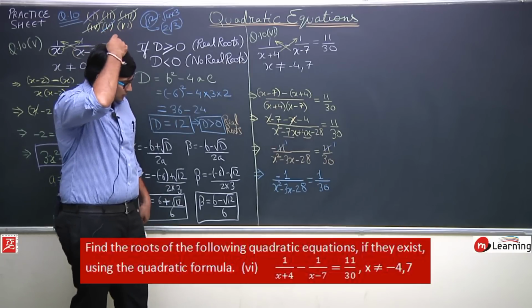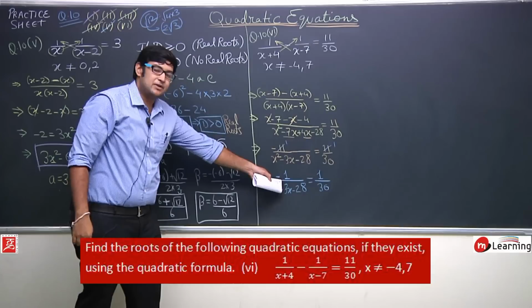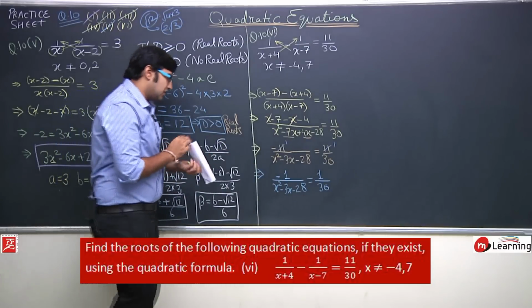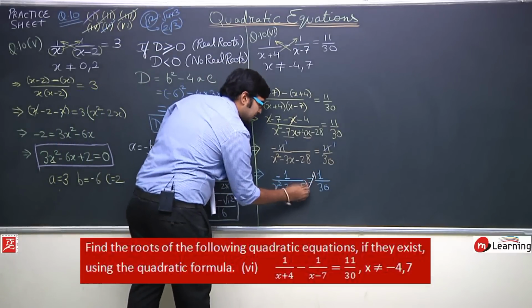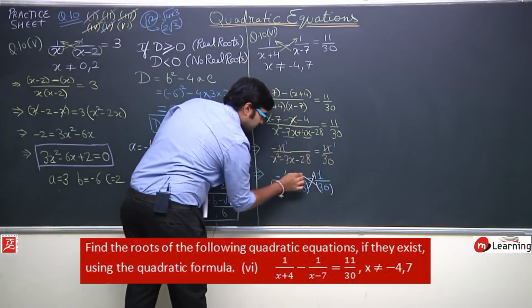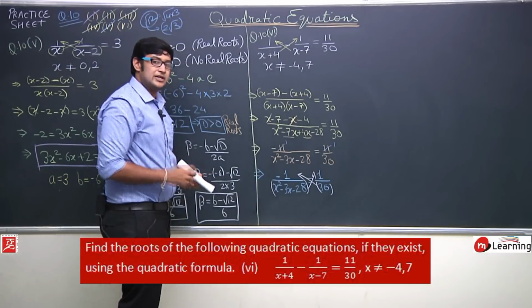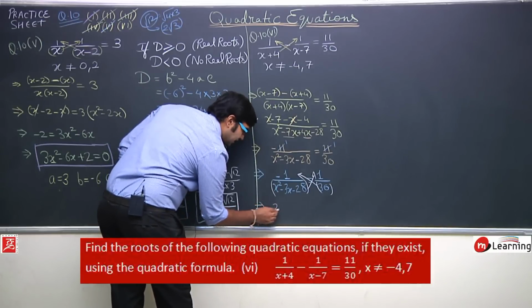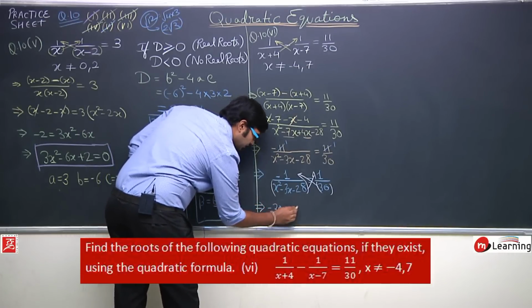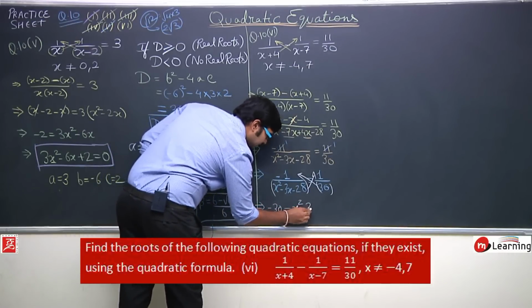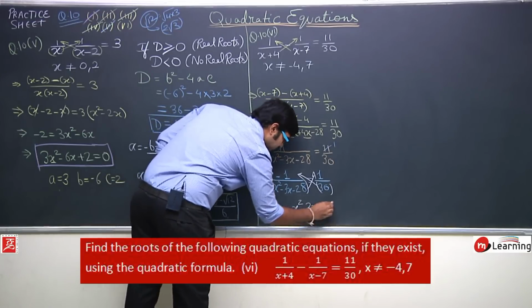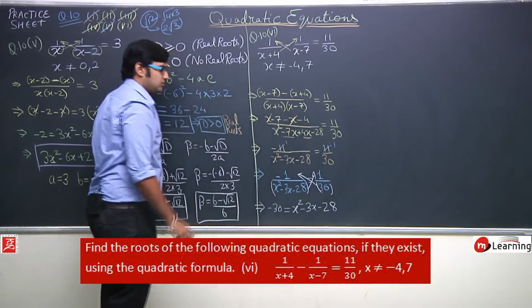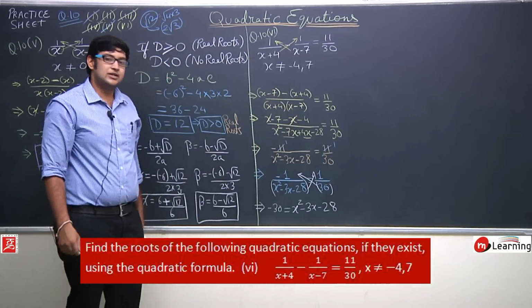Okay, 1 upon 30. Now this can be further simplified. I can cross multiply both the expressions. So by cross multiplying, it will give you minus 30 is equals to x square minus 3x minus 28. Okay, x square minus 3x minus 28.